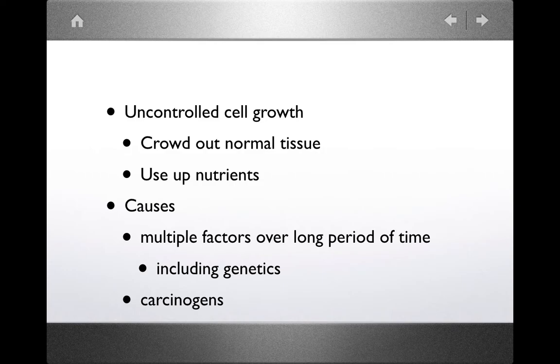And the same kind of thing is true with cells that become cancerous. One single change is not going to make a cancer. It's going to take a lot of mutations in a lot of different genes before you get to the point that cells grow uncontrollably. That takes a long period of time. Most cancers don't show up until people are in their 40s, 50s, 60s even.